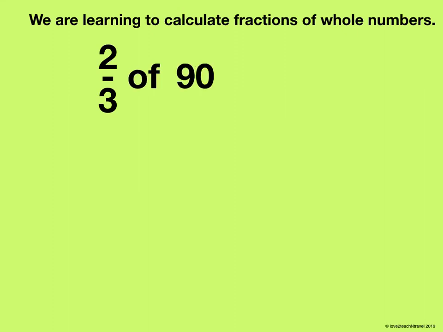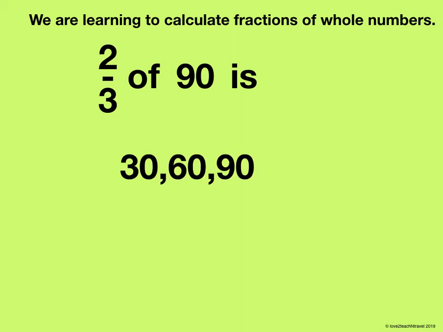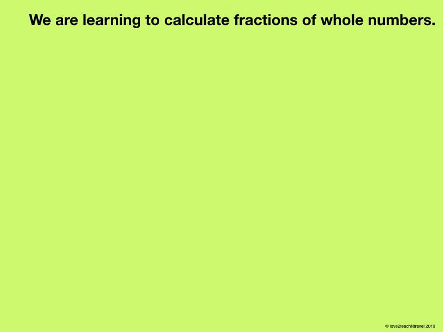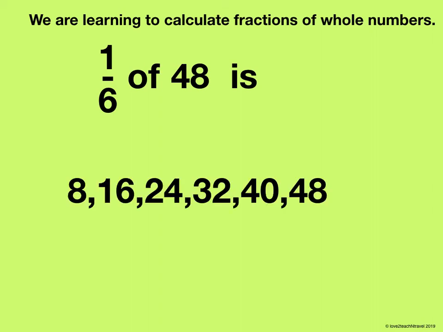2/3 of 90 is, well, straight away I know that the counting pattern is 30, 60, 90. So the second number here is 2/3 of 90. What about if I've got 1/6 of 48? You might make a connection like I did, that 6 times 8 is 48, which tells me that I'll be counting by 8s.